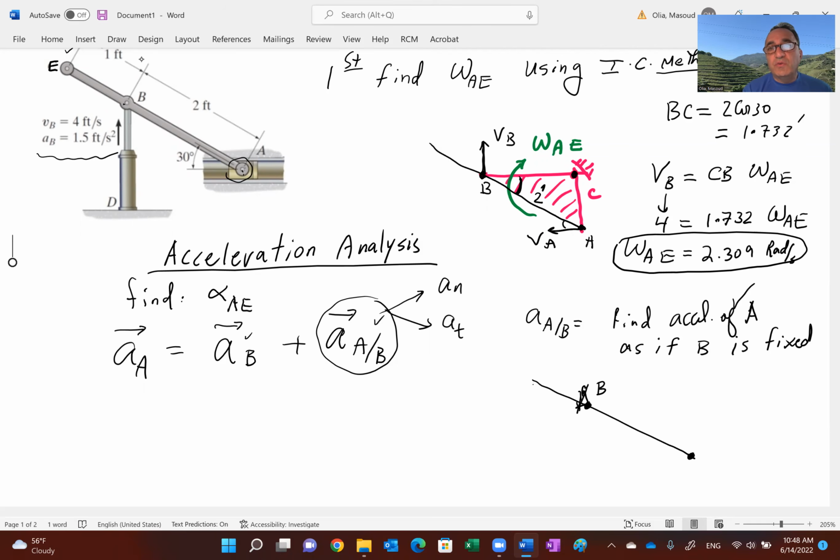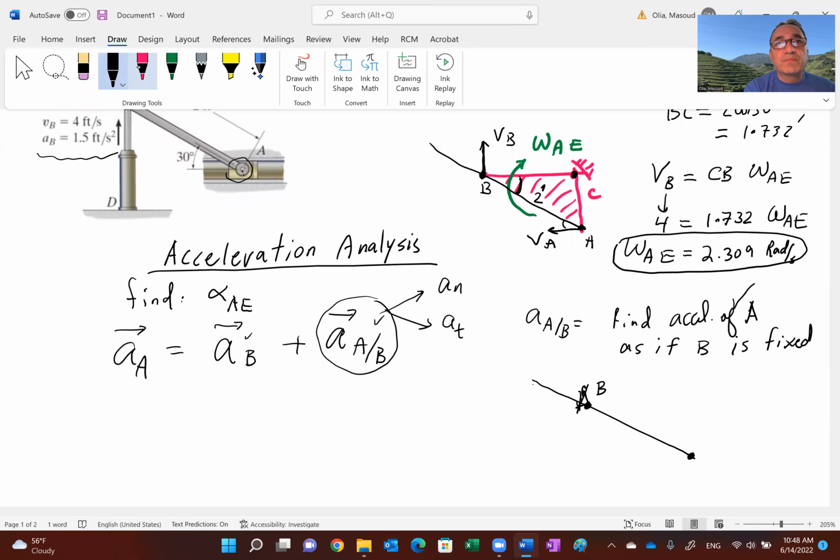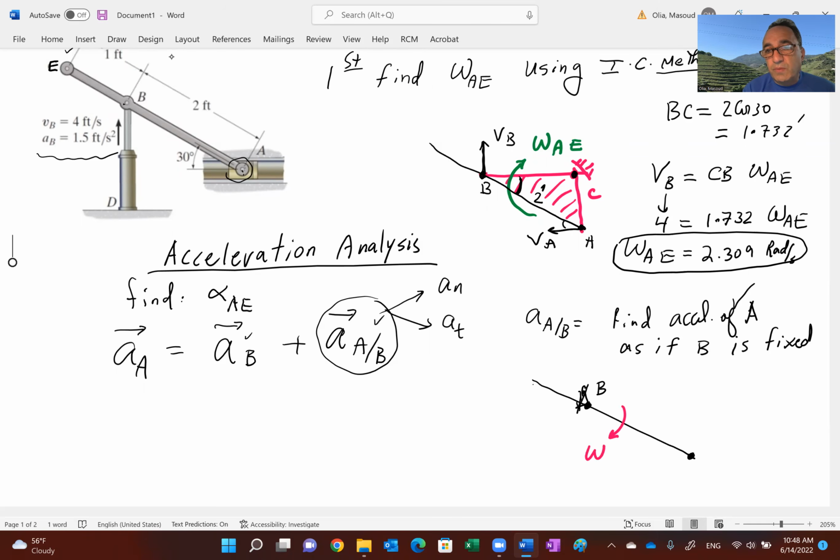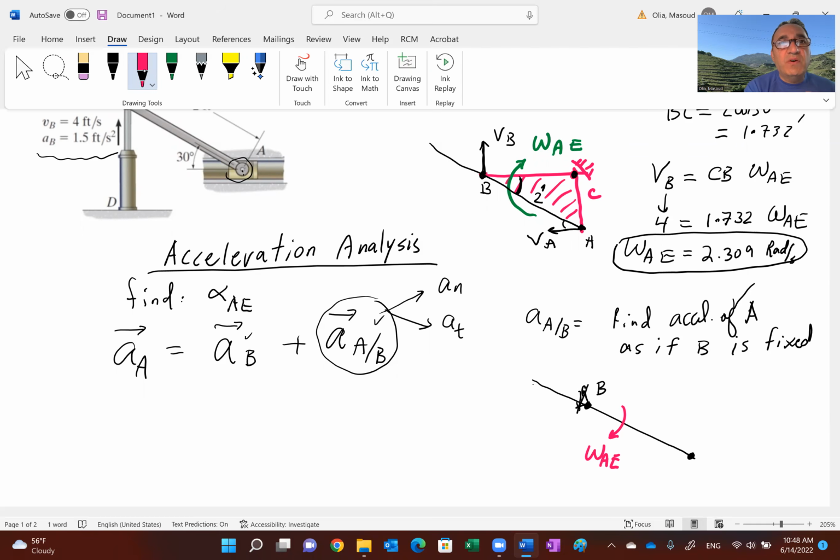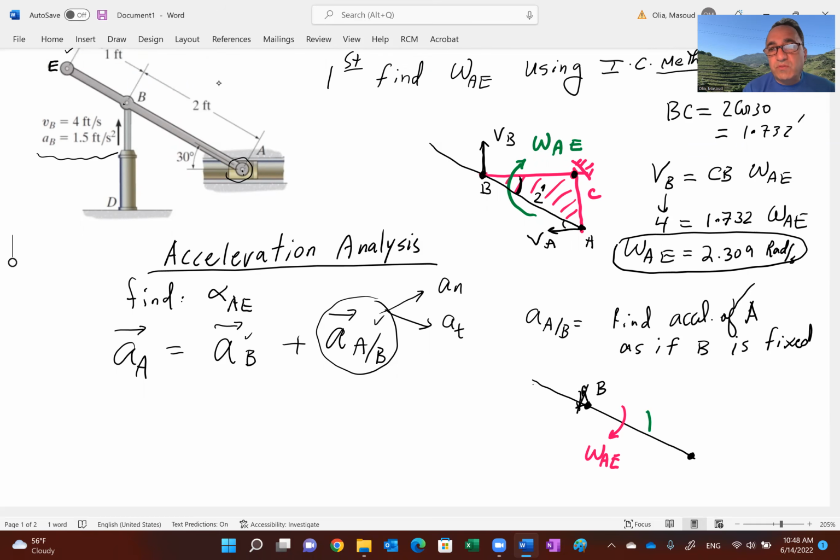And we already know that this bar is what? Rotating clockwise, right? With an omega that we've already calculated. And the alpha, we have to make an assumption. What do we assume? That alpha AE is also in the same direction as omega. Basically, we're saying it's accelerating.